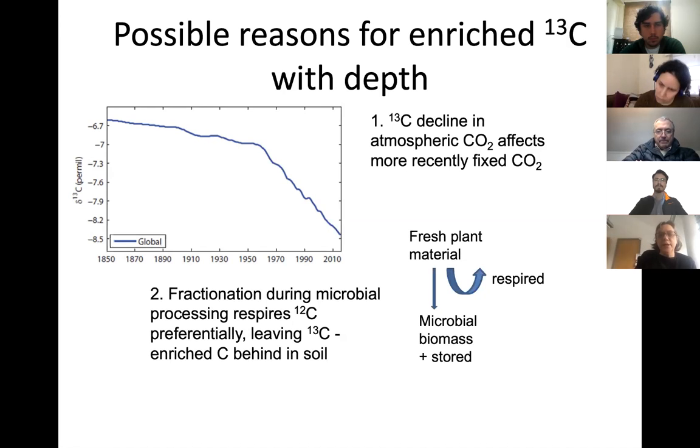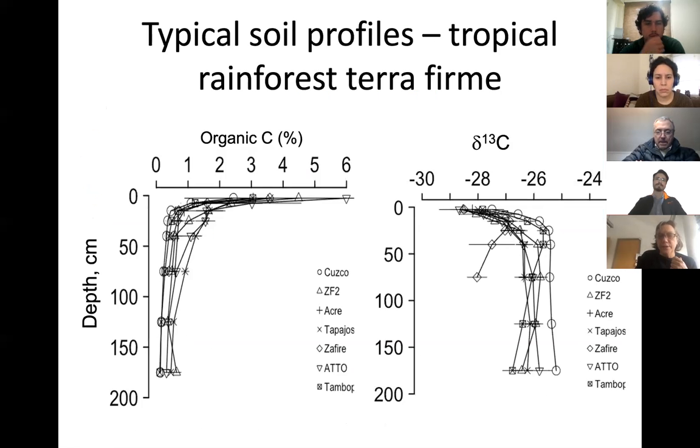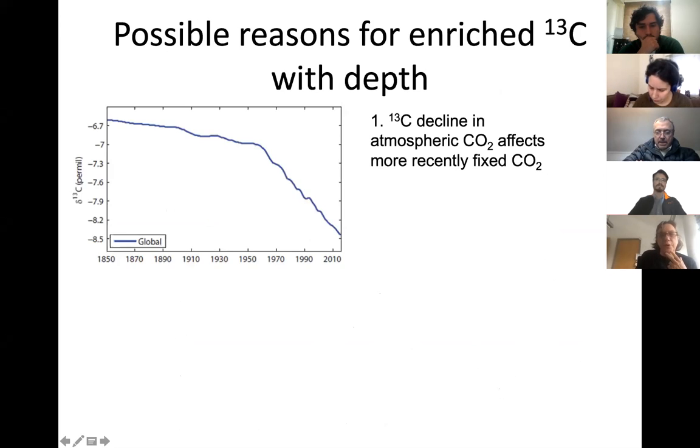But that's clearly also a reason, and people have used incubations and things like this to show that this must also be an important process. And then the final process is CO2 fixation that happens, especially in carbon-limited deeper soils, that can increase C13. That may be one of the reasons some of these profiles are turning around, especially in poorly drained soils.